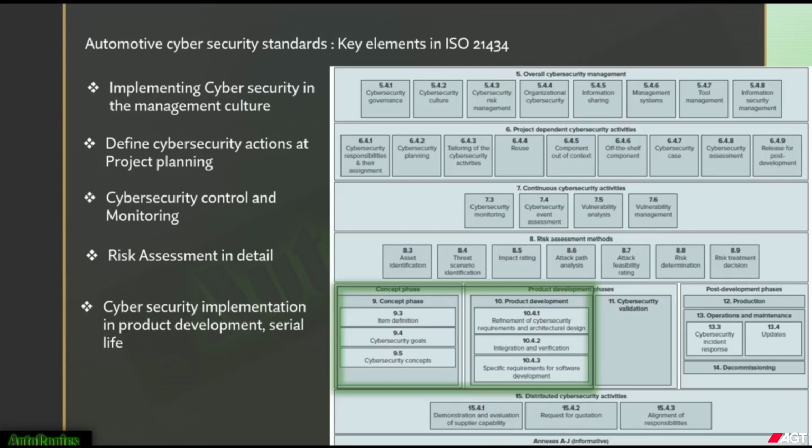Cybersecurity requirements applied to an item and assumptions made about the operational environment can reduce the risk of an item. Cybersecurity goals are identified as top-level cybersecurity requirements, while cybersecurity claims are used to explain why the risk treatment is deemed adequate.